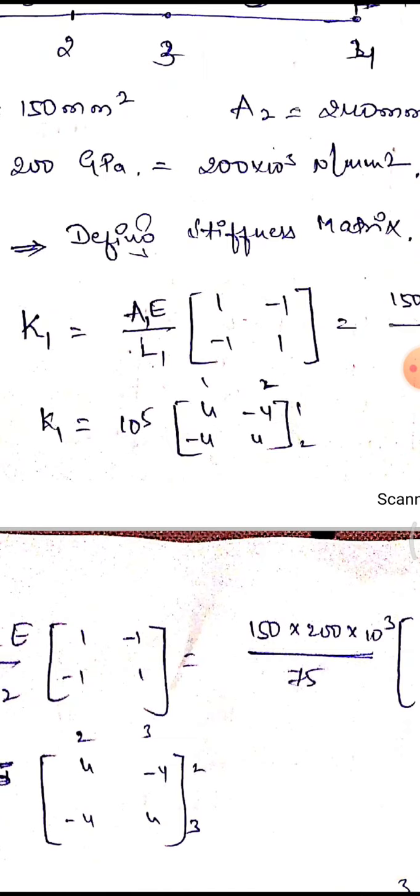But you can't find that first row, second column in the others, because we have the second row and third row in one, and the third row and fourth row in the other. We don't have any first row there, so you need to eliminate all these things. We need to write only these things. First row, second column, that is minus 4. That is what we have written here.